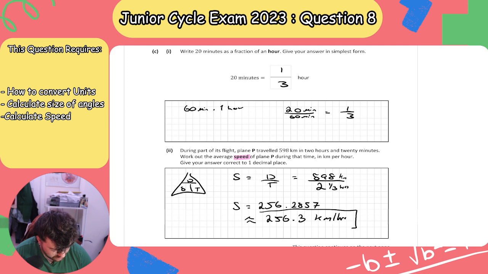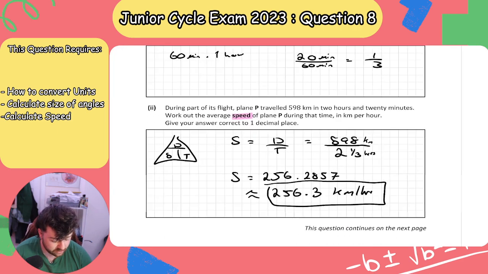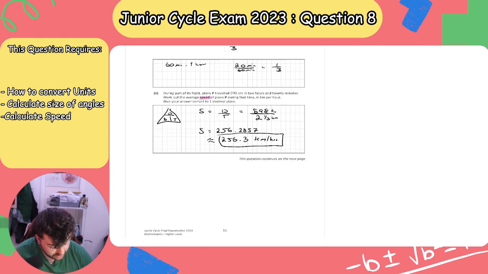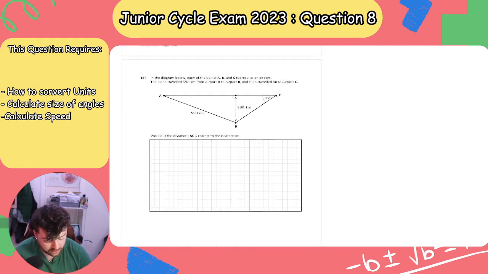And that makes sense, right? A plane's traveling that fast. If you got anything slower, I would probably question your maths. So for every hour they travel, they are traveling 256 kilometers. And I think we have one more part here.